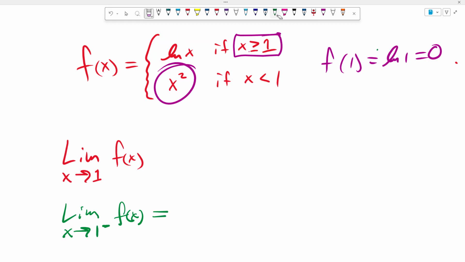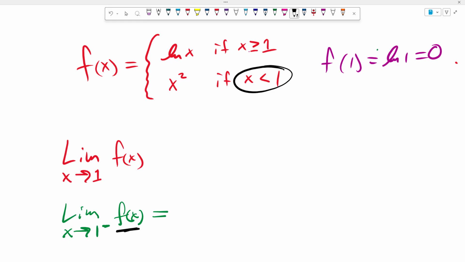Now, since we're always to the left, what is f of x? It's x squared. So I can write the limit as x approaches 1 from the left of x squared. Now this is a continuous function, so we can just use direct substitution. If we plug it in, we get 1 squared is 1.